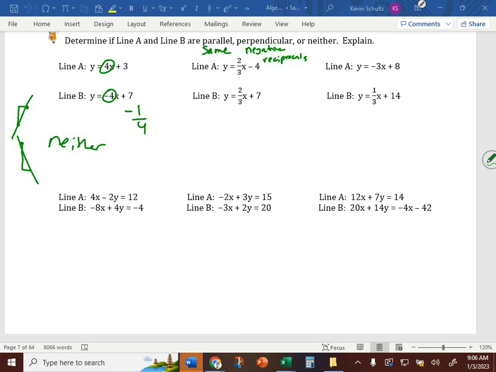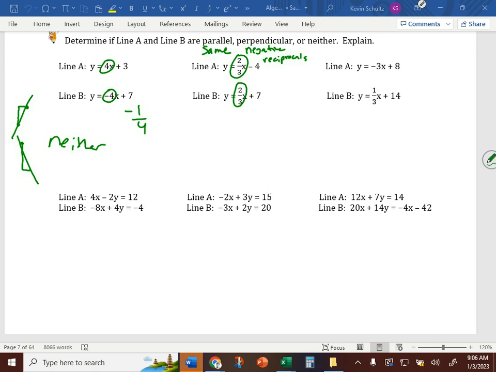Next one, line A. Again, all we care about is the slope. 2/3. Line B, 2/3. Raise your hand for parallel. I should see 33 hands up in the air right now. Okay. The slopes are the same. Therefore, the lines are parallel.